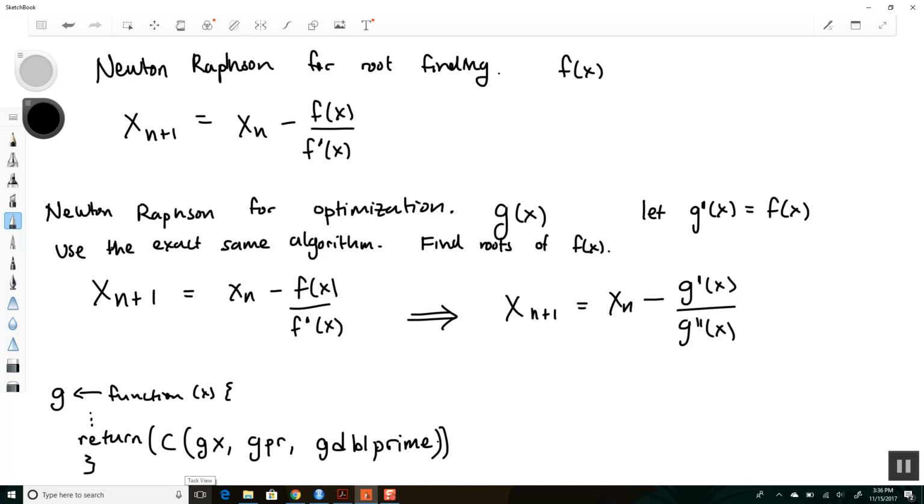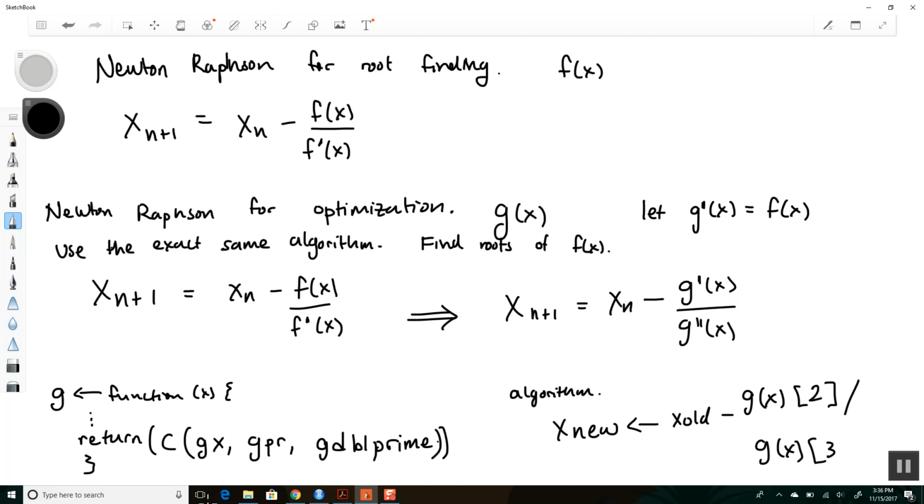And then in the algorithm, basically x new will be x old minus g of x, and you will take the second value divided by g of x, and you'll take the third value, right?